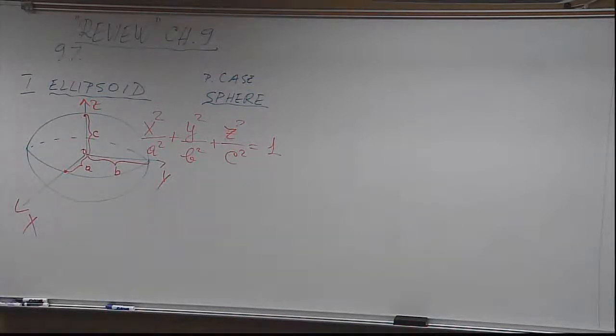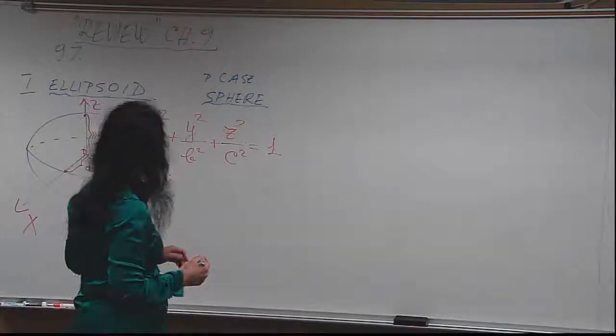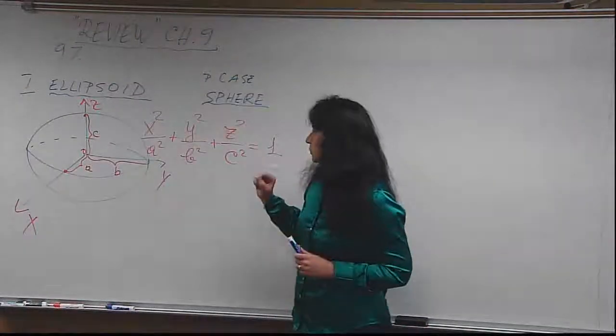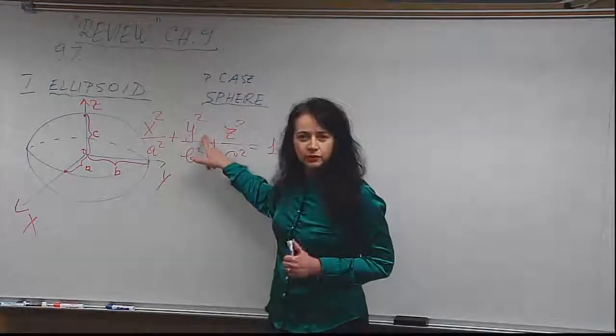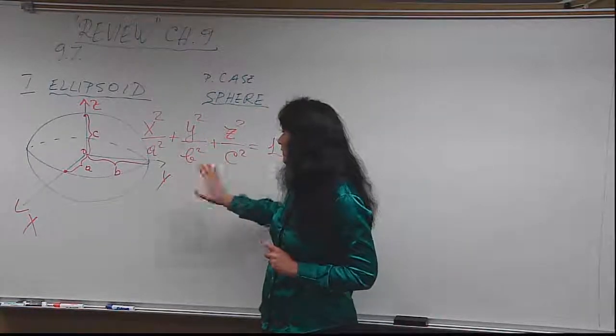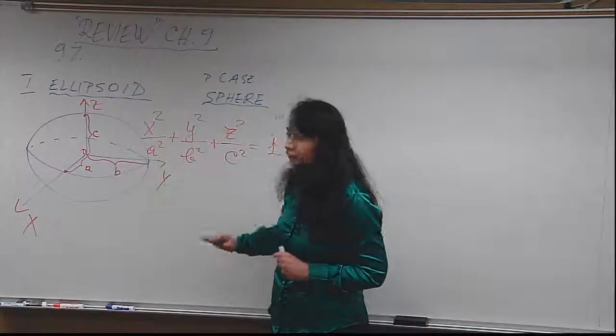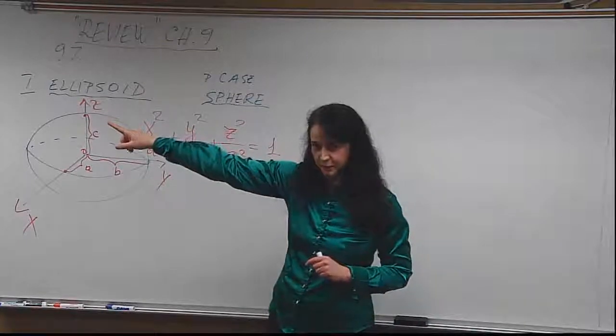If I would want, for example, to draw an ellipse as a cross-section, which corresponds to what? To y equals 0. I would have to look at that wall, right?